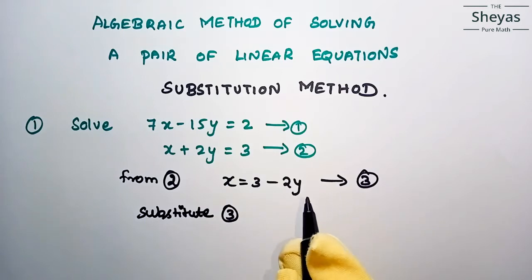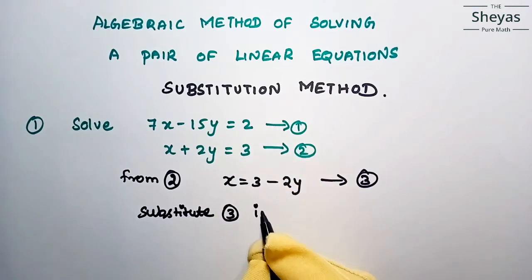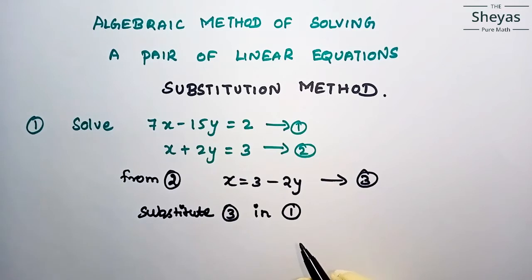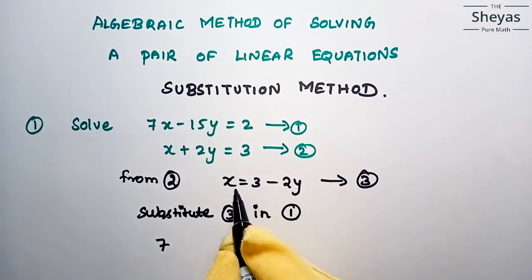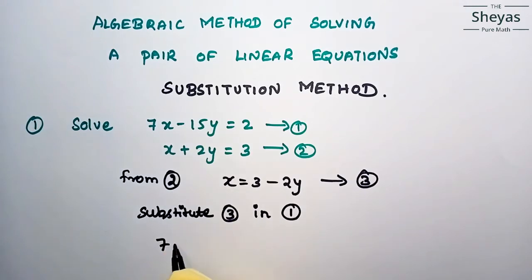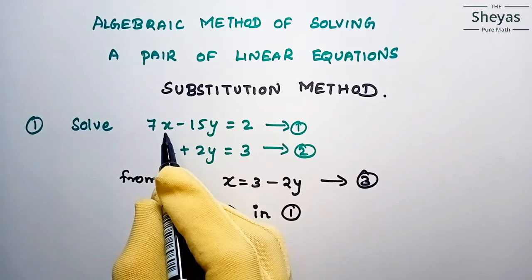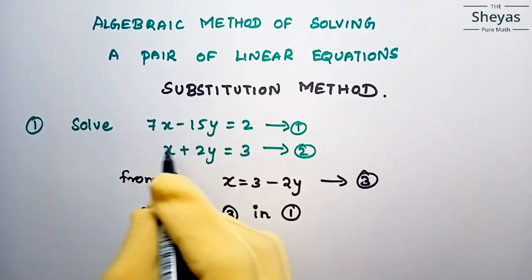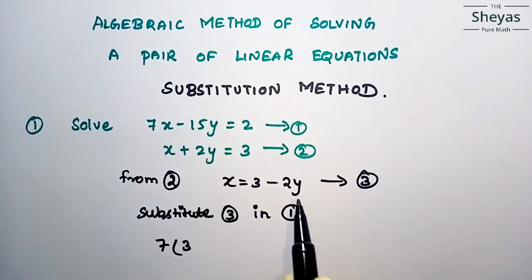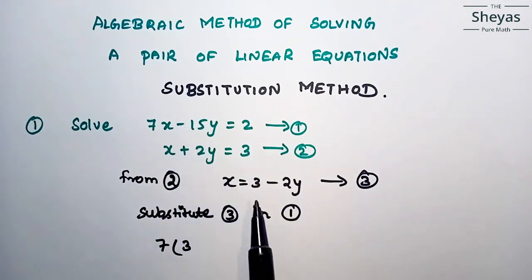Then you are substituting 3 in 1, in the place of x. So 7 into, in the place of x you have to write 3 minus 2y. So in the first equation you are substituting the third in 1.